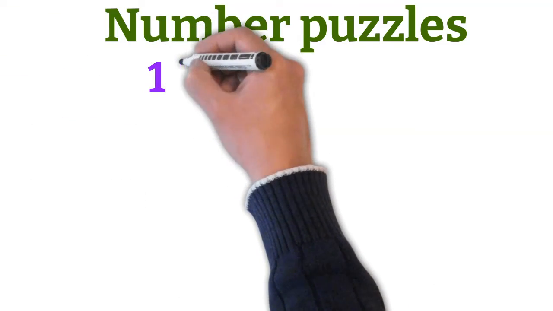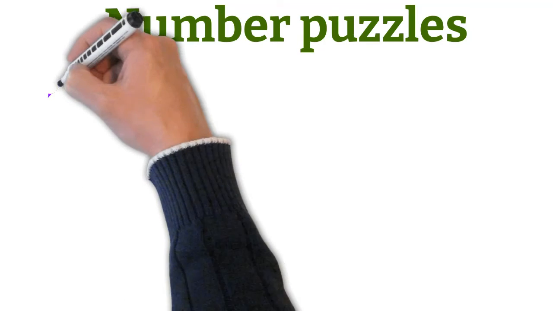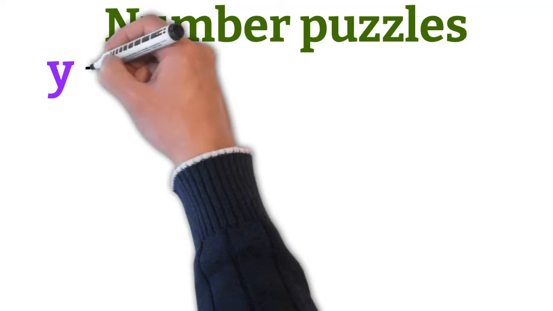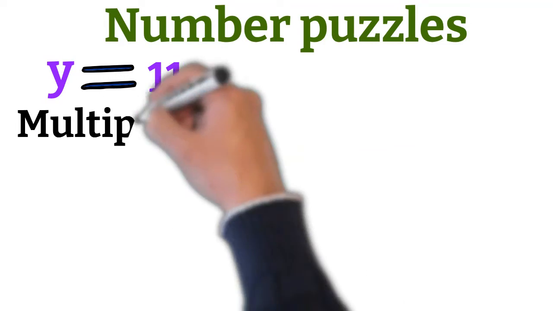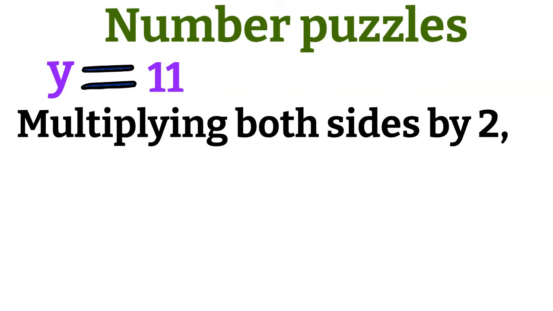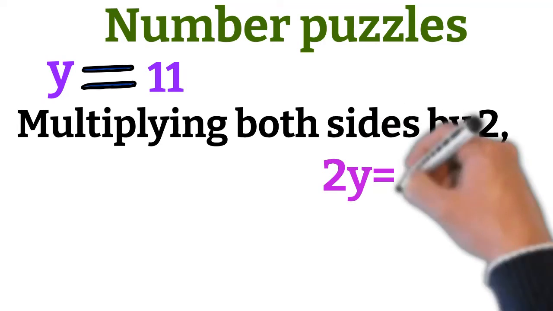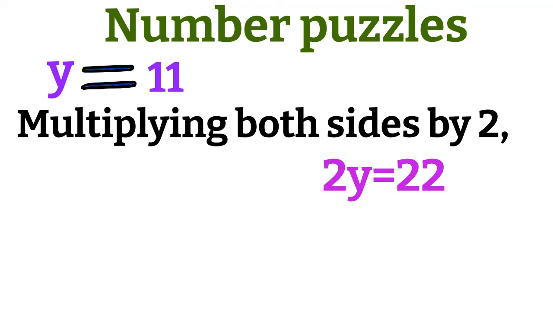Let's make a number puzzle with solution 11. Let the variable be y, and thus we get y = 11. Multiplying both sides by 2, we get 2y = 22.